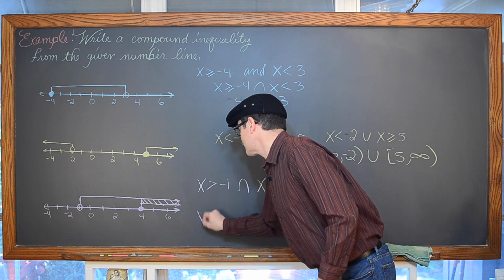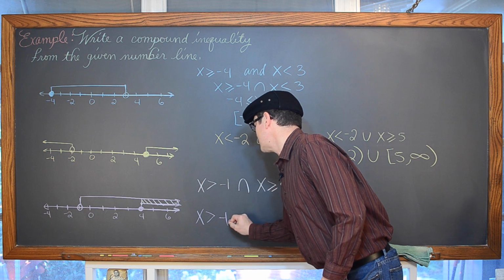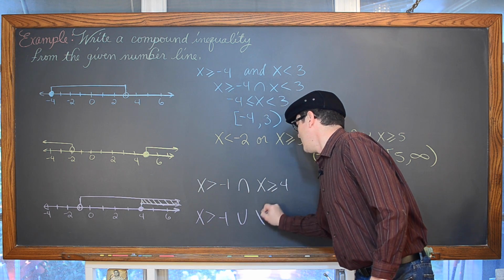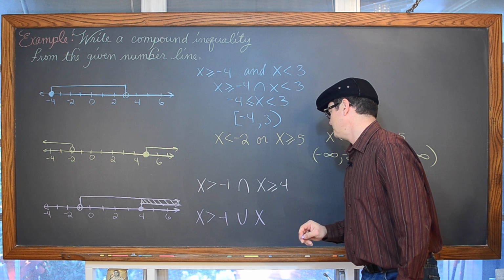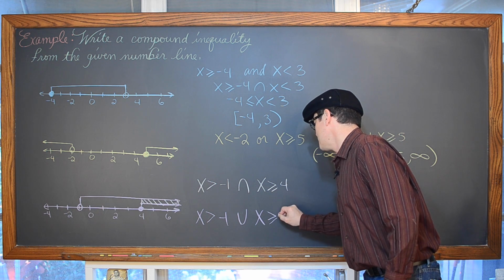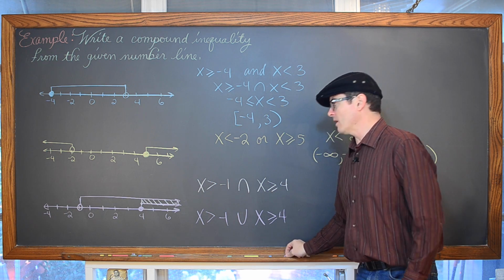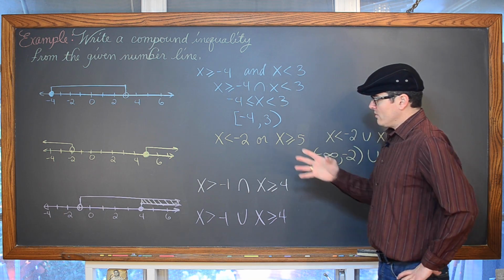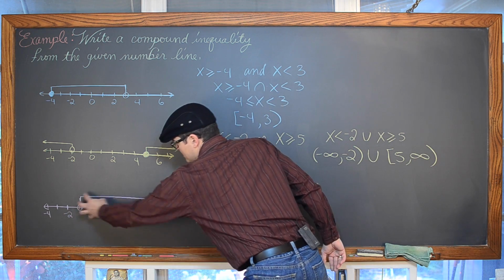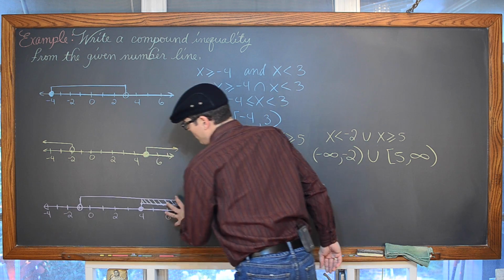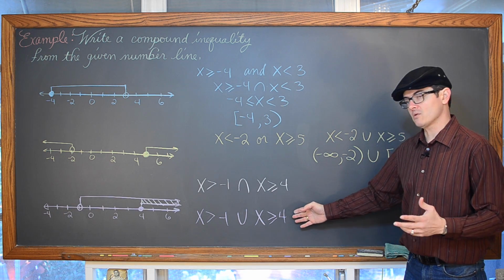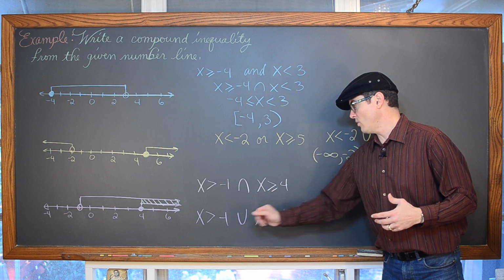So we can have x is greater than negative 1 or x is greater than or equal to positive 4. Now, if this is the number line drawing, and again the whole thing is highlighted, your correct answer, the inequality, is going to be with the idea of or.